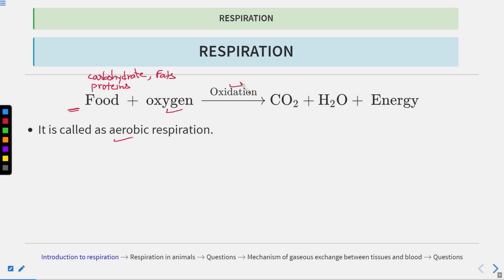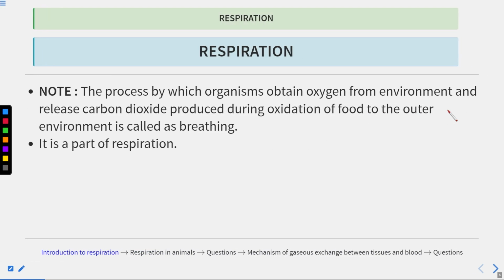This process is known as oxidation. And what is produced? Smaller, simple inorganic molecules such as carbon dioxide and water are produced, and energy is released in the form of ATP. This ATP can be used to carry out various metabolic processes and various other processes that are vital for the survival of the organisms. So this is known as aerobic respiration.